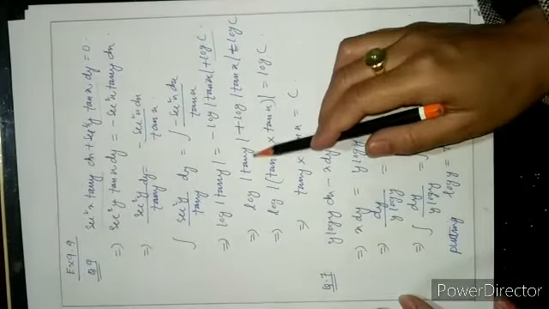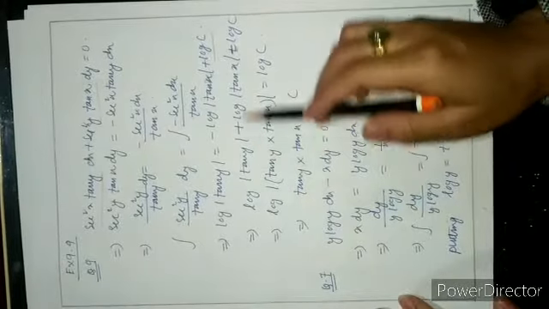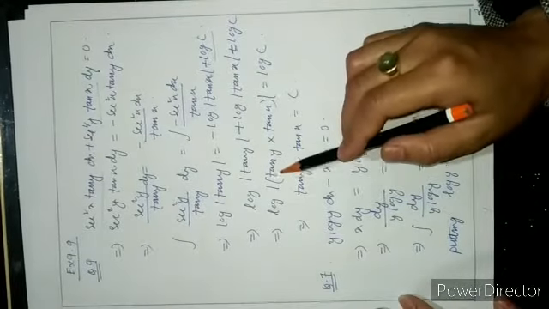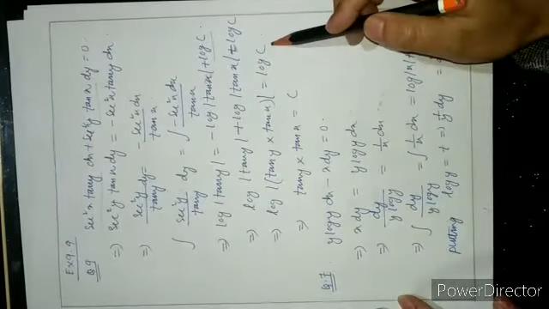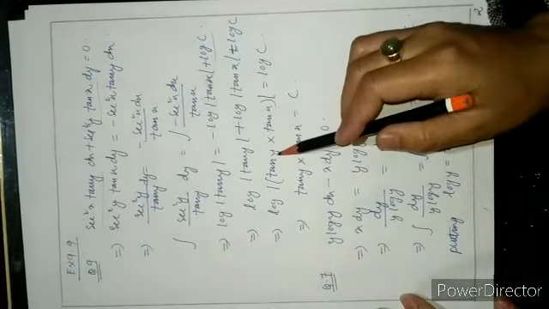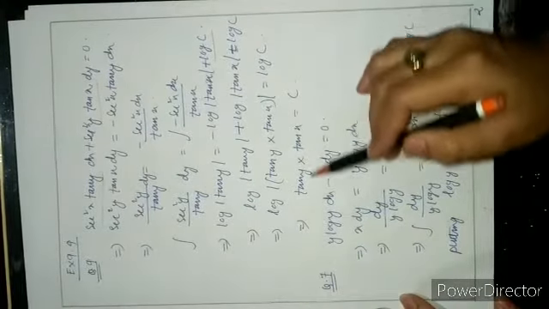Then by using the log property, these two terms can be expressed as log of tan y into tan x, which is equal to log c, and tan y into tan x is equal to c.